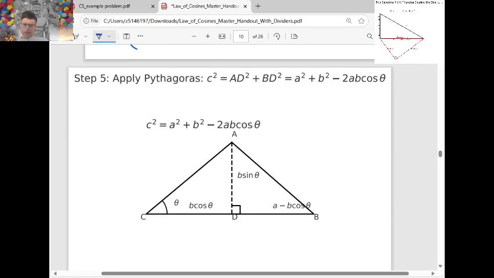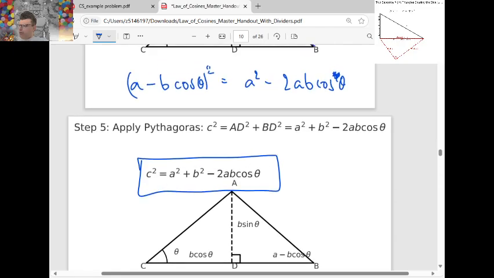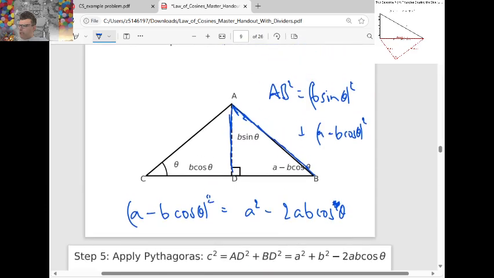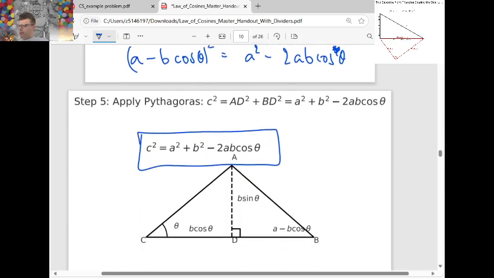So what does that tell us now? All of a sudden we've got this new formula here, and it's actually saying that c squared, right, is a squared. What were we saying that c squared was? We were saying that, oh, ab squared. So ab squared is c squared.